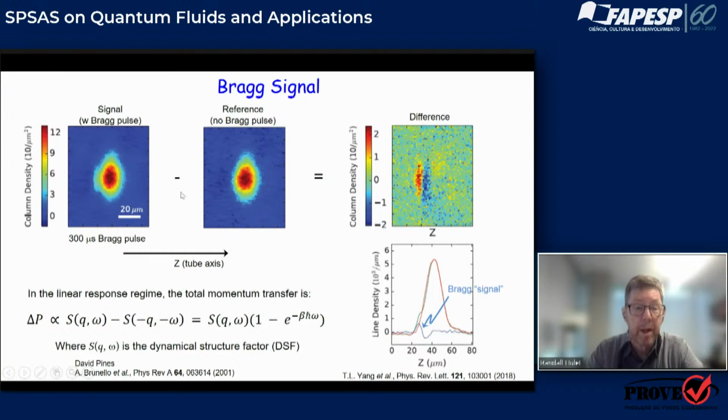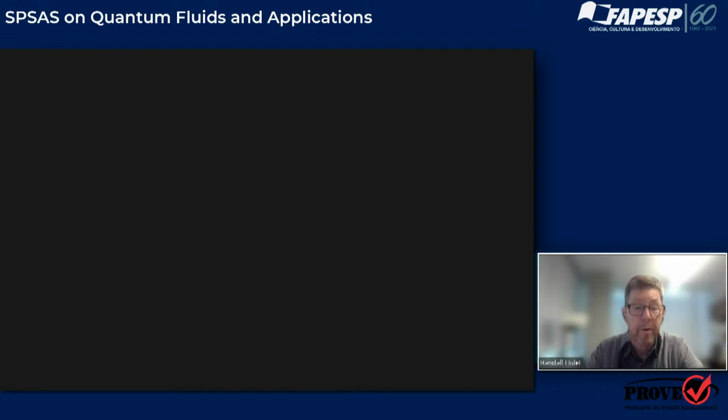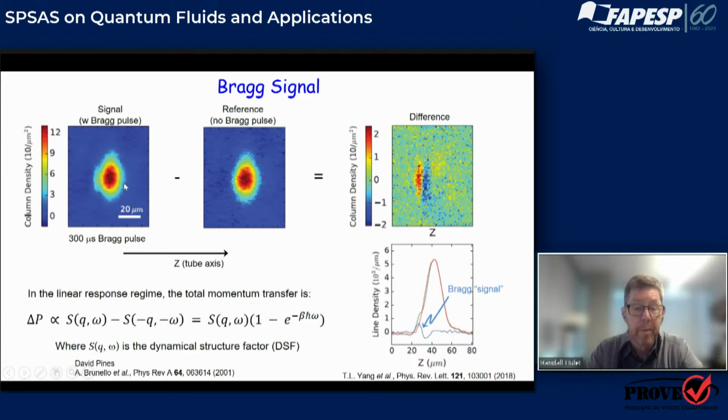These images are not exactly the same, but if you subtract this reference image from this image, you'll find that you have some regions where you've outcoupled atoms, and those are shown in red. You've imparted momentum to them from the Bragg process. And where they came from, the deficit of atoms is shown in blue.